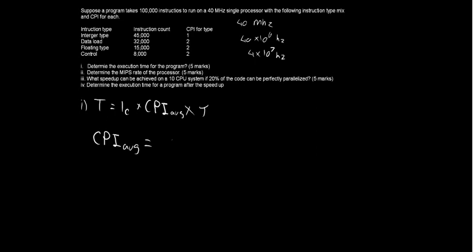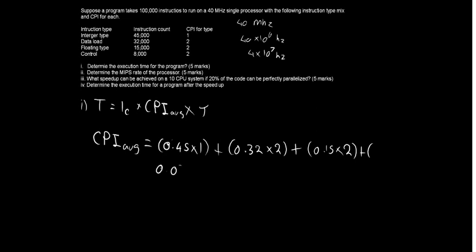So 0.45 times our CPI of 1, plus 32,000 divided by 100,000, which is 0.32 times 2, plus 15,000 divided by 100,000, which is 0.15 times 2, plus 0.08 times 2. If I then calculate all this on my calculator, the answer should be 1.55.